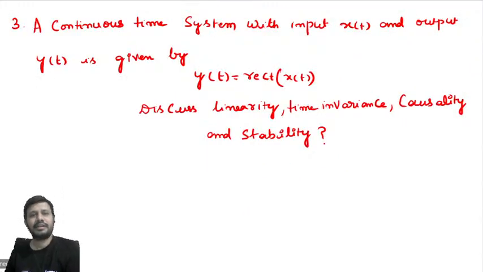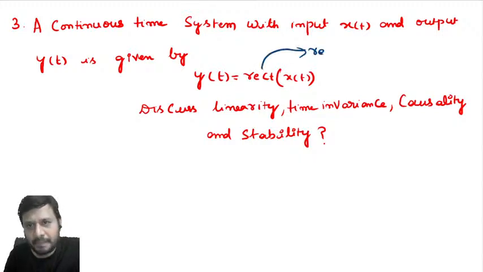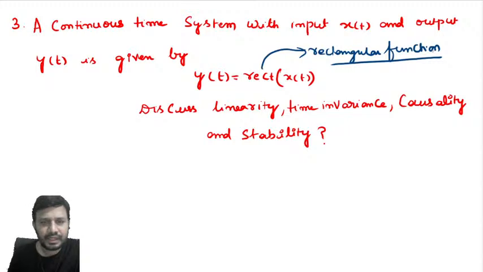A continuous time system with input x of t and output y of t is given by y of t is equal to rect of x of t, where rect denotes the rectangular function. Discuss linearity, time invariance, causality and stability.